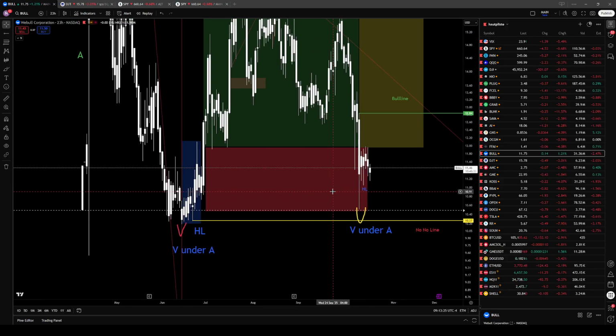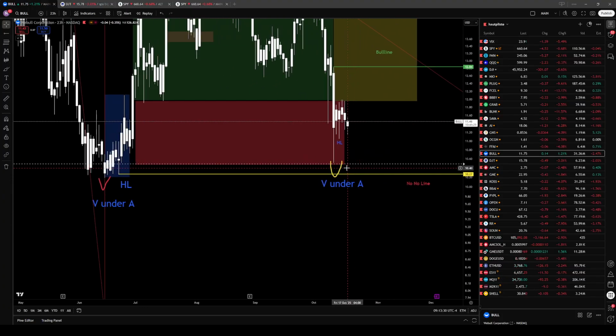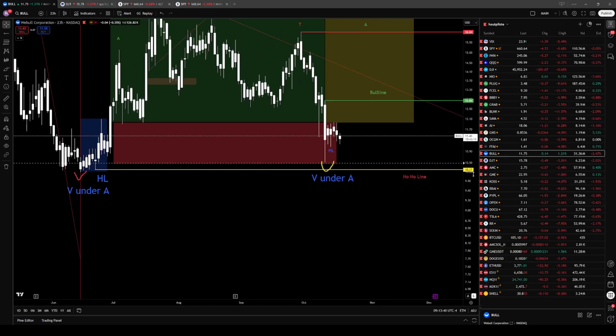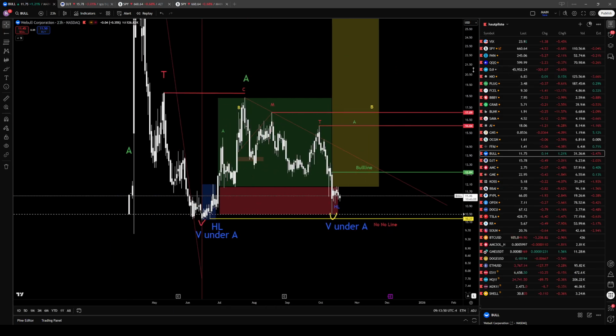This has to hold a higher low. If not, you are not allowed to break 1027. You have to be over that. But right now, it looks bullish. For bullish confirmation, break 1280.